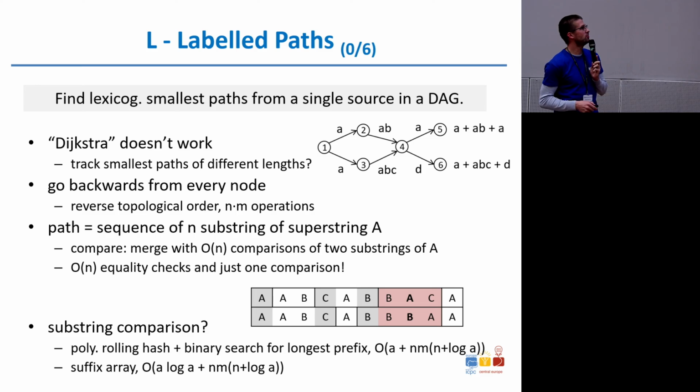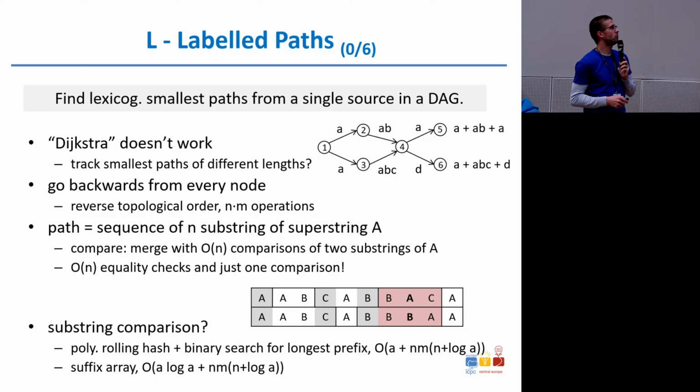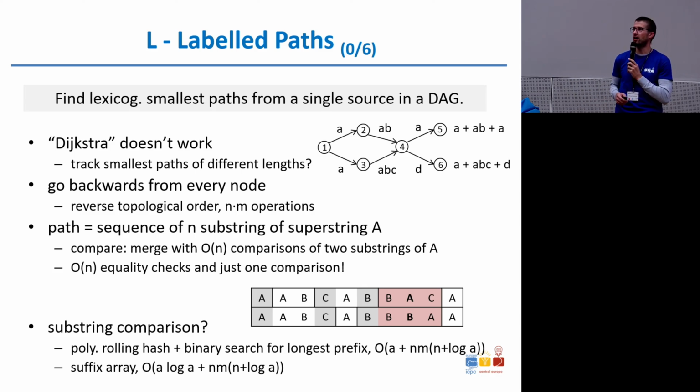So we have to be able to compare strings for equality and then substrings, and then decide whether one is smaller than the other. And there are 2 ways of going about this. The first one is just to use some polynomial rolling hash, and then obviously if we compute some hashes for prefixes of our superstring, then we can compute a hash of an arbitrary substring, and it's simple to figure out whether 2 substrings match.